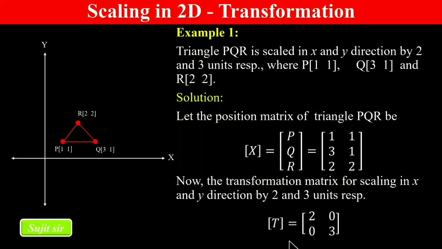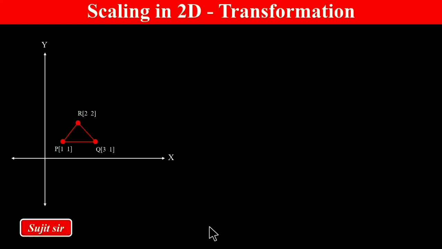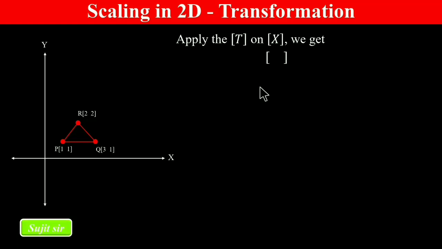Now we have to apply this transformation matrix T on this object X, so we will get the transformed object of triangle PQR. Applying the transformation matrix T on X, we get the formula to find the transformed object: X star is equal to X into T, where X star is the transformed object, X is the original object, and T is the transformation matrix.